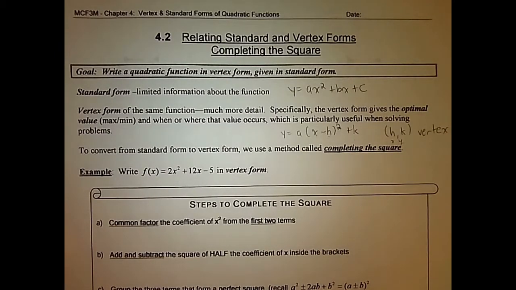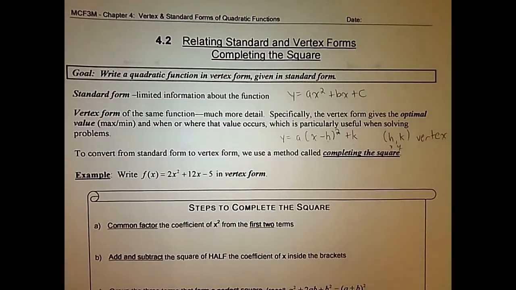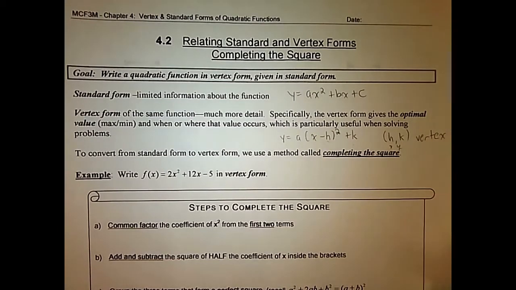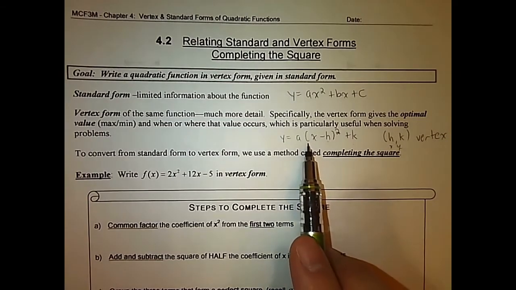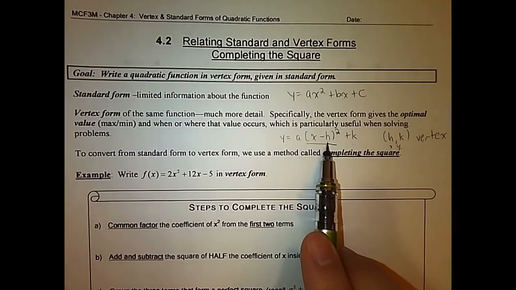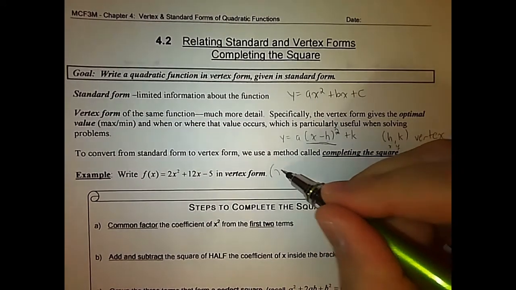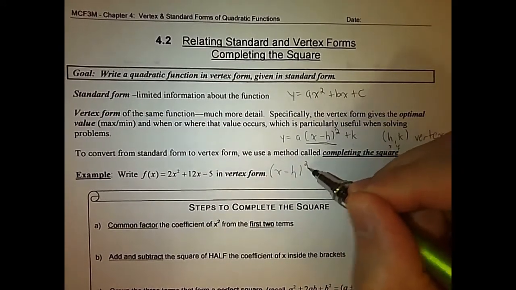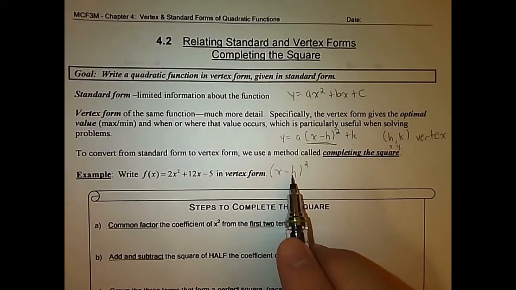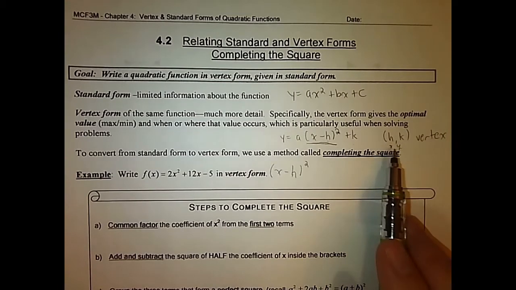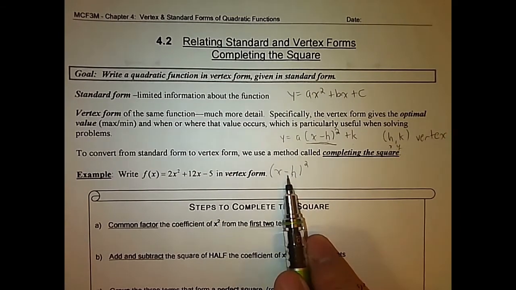But in order for us to do this, we have to know one other thing. We'll have to remember one thing from when we learned about factoring. There were some special cases that we learned with factoring. So I want you to look at this part, the x minus h squared. If I were to write that over here, keep in mind, depending on the value of the axis of symmetry or the x part of the vertex, this h value can be positive or negative.